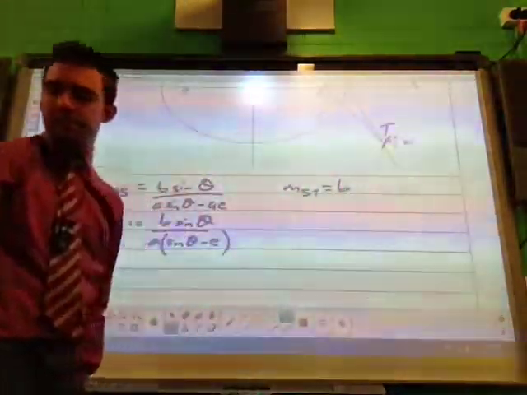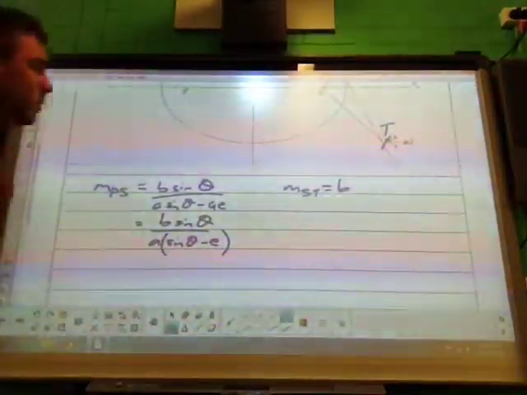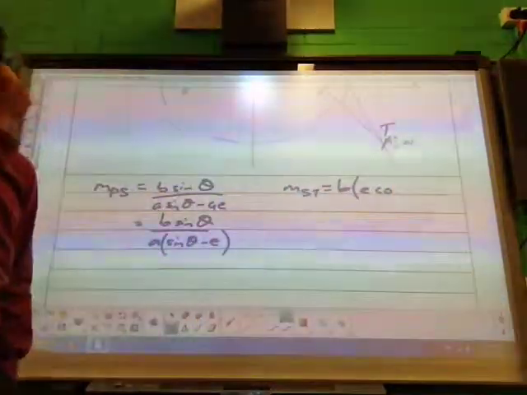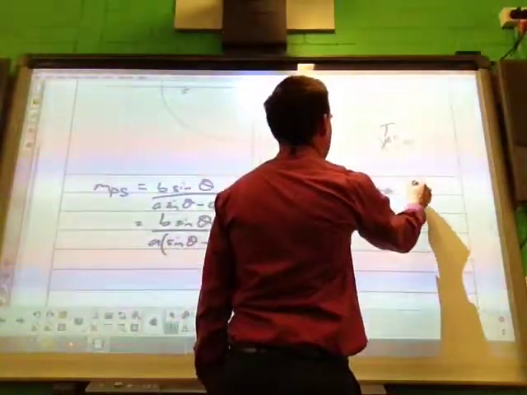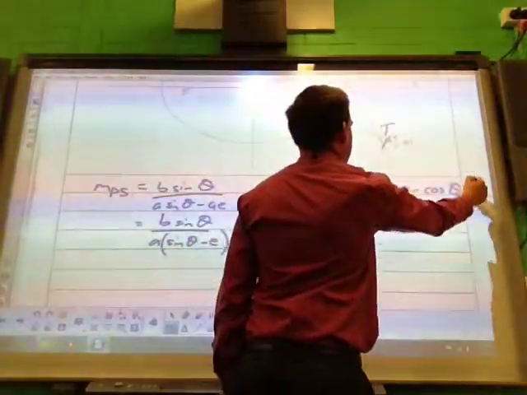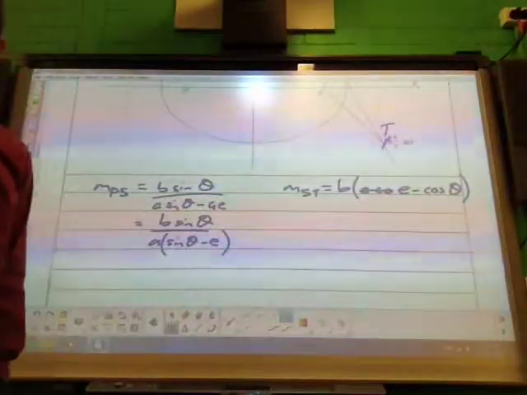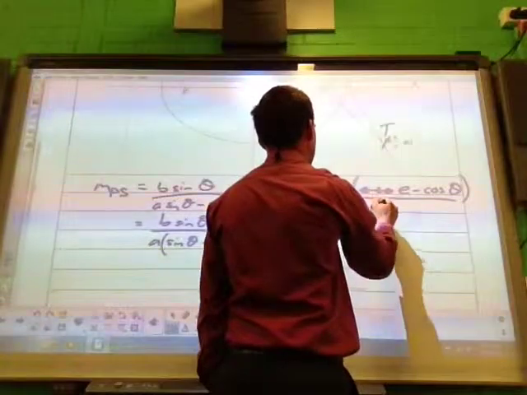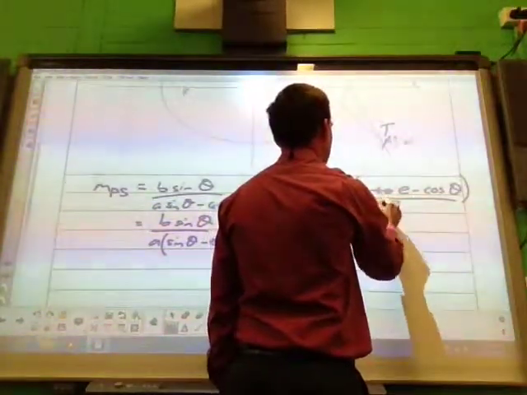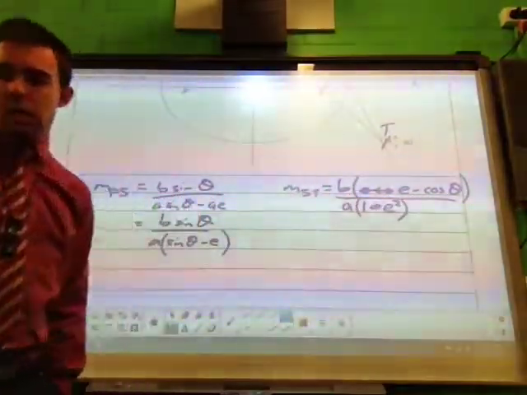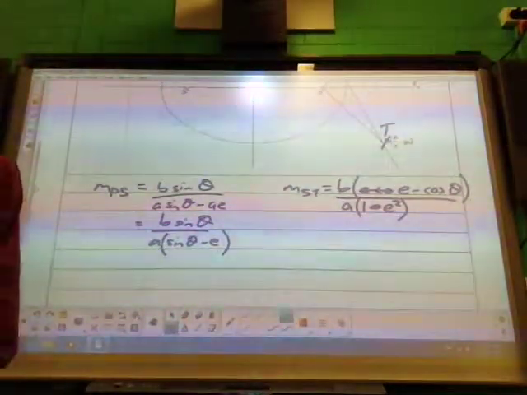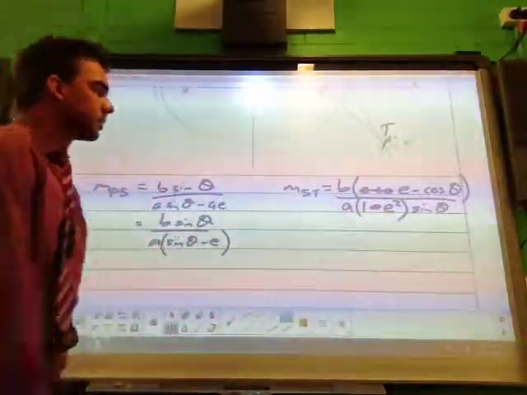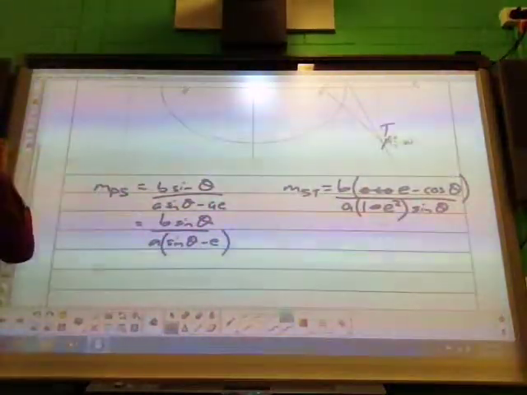Alright, so B sine theta outside of E cos theta take away AE. Okay, so just substituting into your gradient formula. 1 minus e squared outside of a sine theta. Okay, that's the minus sign between 1 and the e squared.